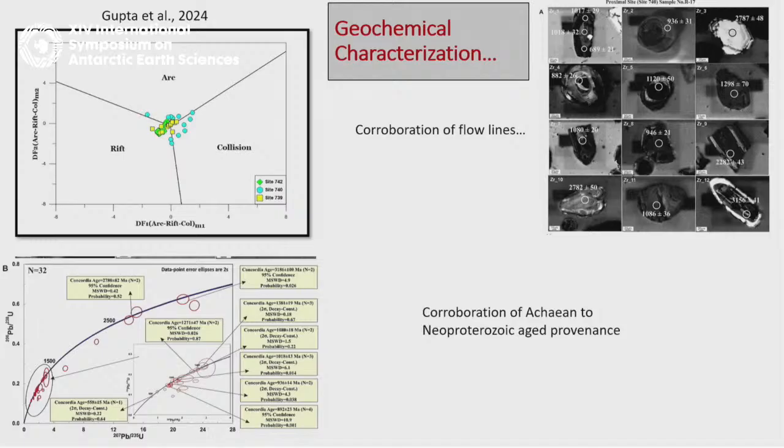We also did the zircons in this, and in zircons we get many ages. I'll explain why quickly, but if you look at these blue dots, they represent site 740, and they are more towards the collision site. This and other geochemistry confirmed the flow lines or supply lines in that area.